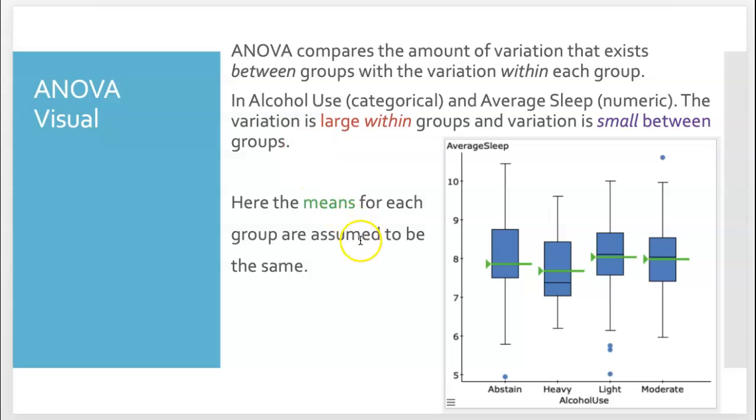By within groups, we mean: look at the variation of sleep time within abstain, within heavy, within light, within moderate. Within each group, this variation is relatively large, and the variation is small between groups.